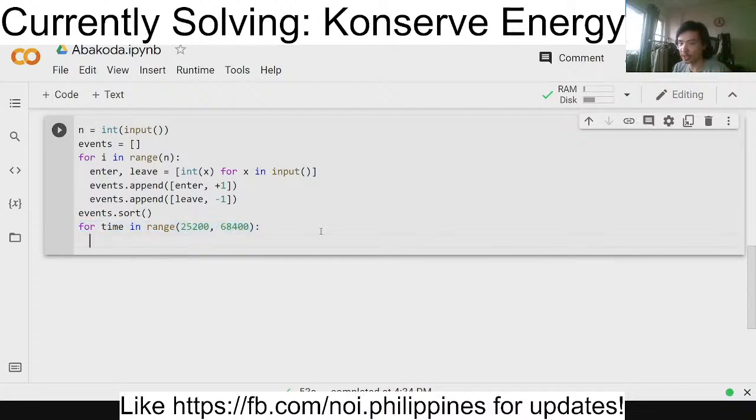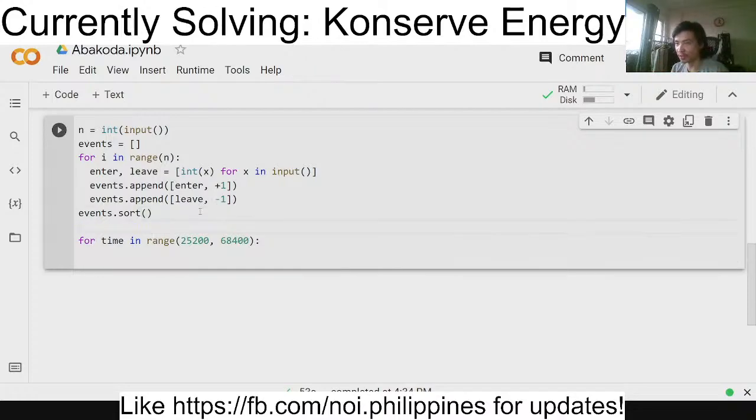And how do we avoid doing something expensive? Well, we're going to keep track of number of people in the library. Right, so initially it's 0.